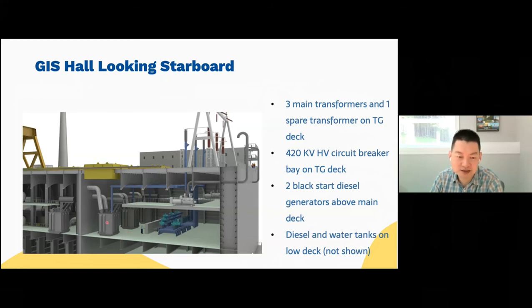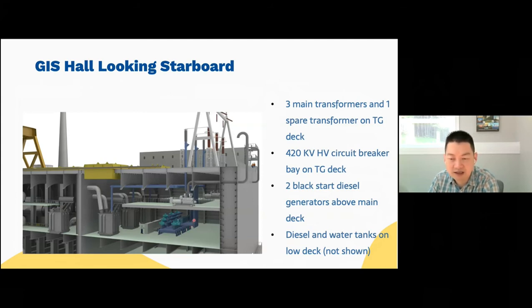And these transformers will raise the voltage from 21 to 26 kV to 420 kV. And then the cable goes to the high voltage circuit breaker, and it goes to the grid. It can go through the undersea cable, but there are also other options.